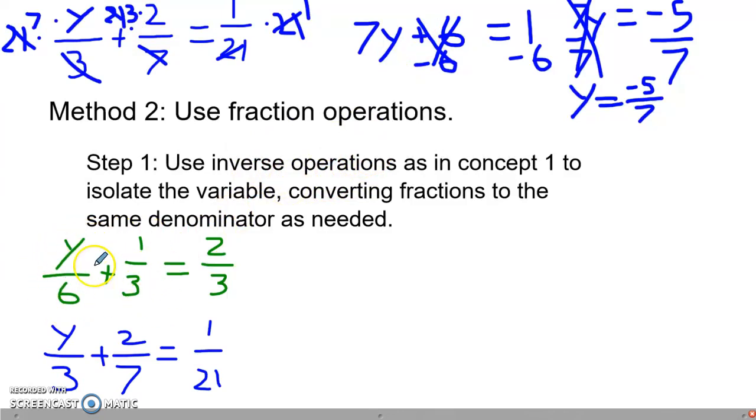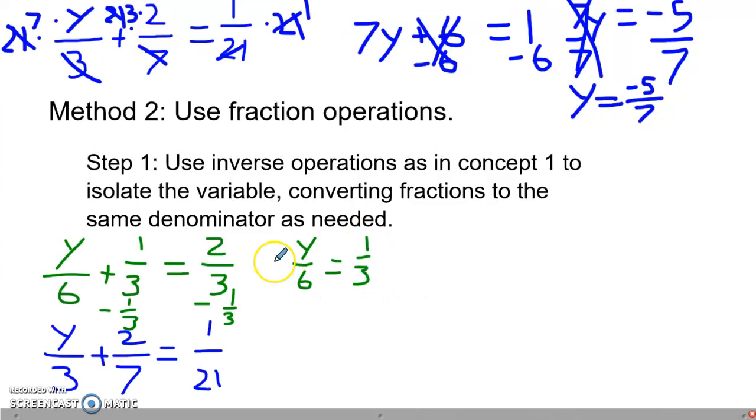These two terms are disconnected. My first step is going to be to subtract 1/3 and subtract 1/3. 2/3 minus 1/3 is going to be 1/3. So I have y over 6 equals 1/3.